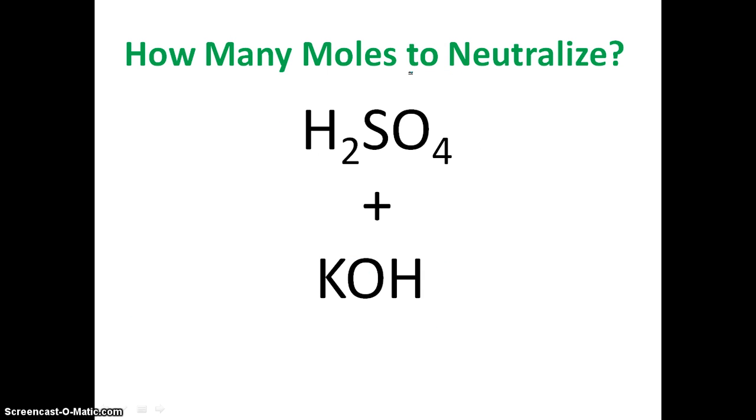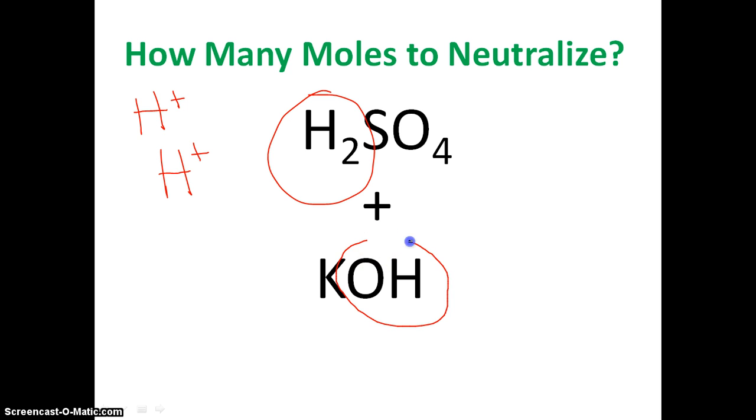Now, when we look at the structure of acids versus bases, and we need to know how many moles it's going to take to neutralize each of these, it all depends on whether the acid is polyprotic or not. Here we see it is polyprotic, releasing 2 hydrogen plus ions, either to the solution or to the substance.